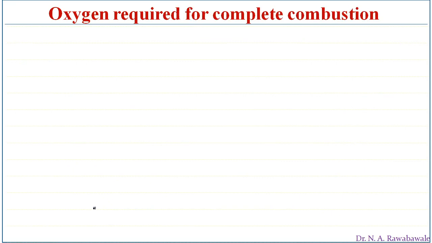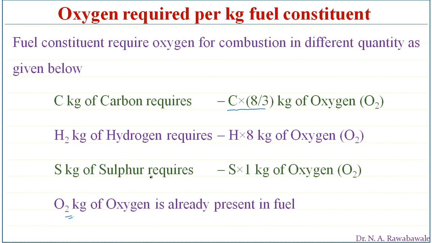So now, the oxygen required for complete combustion. Say, for example, some fuel contains carbon, hydrogen and sulfur. If it contains carbon, it requires C into 8 by 3 kg of oxygen. If it contains hydrogen, it requires H into 8 kg of oxygen. If it contains sulfur, it requires S into 1 kg of oxygen.